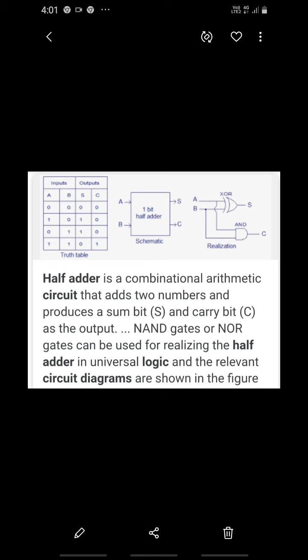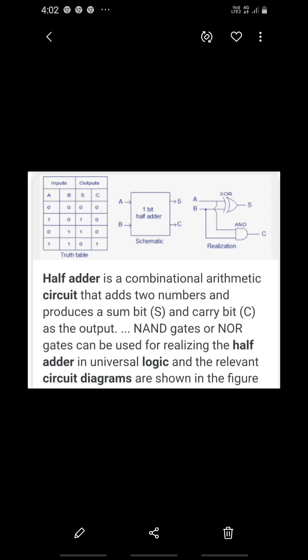And now take the truth table of the half adder. So here are two inputs and outputs, sum and carry. So take 00, 01, 10, 11.